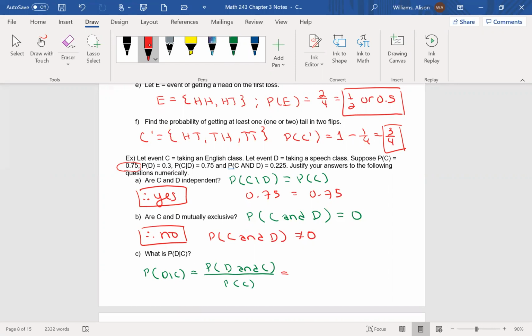The probability of D and C, which they gave us as C and D, same difference, is 0.225. The probability of C is 0.75. So if we divide that, it looks like I'm going to get 0.3.